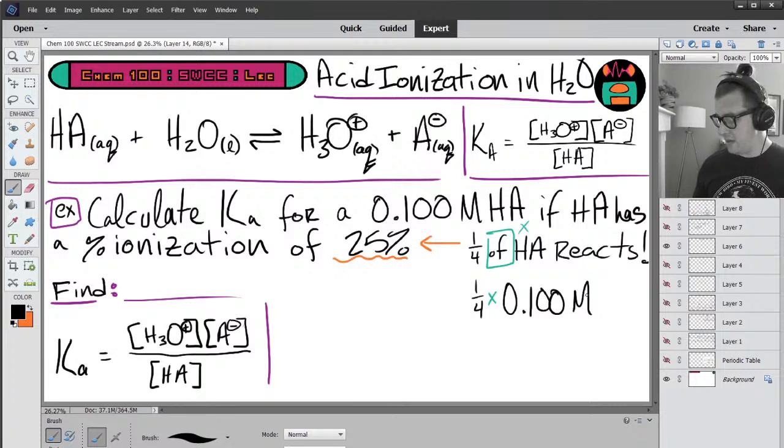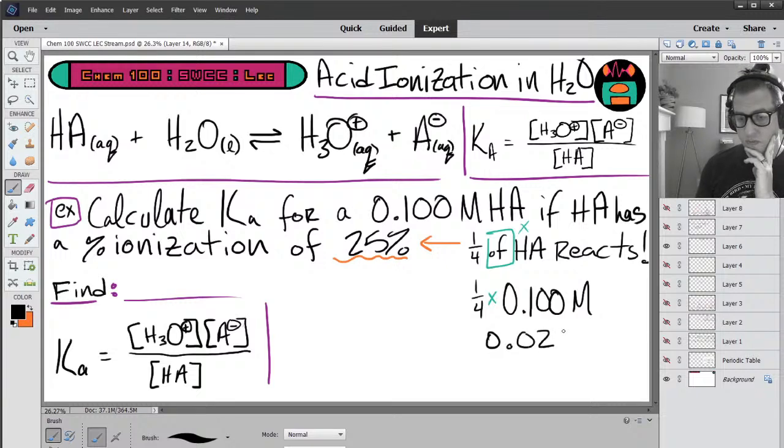If you multiply 0.25 times 0.1, or if you take 0.1 divided by 4, either way, this will come out to be 0.0250 molar.